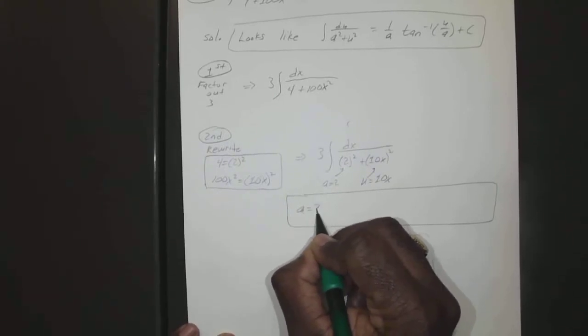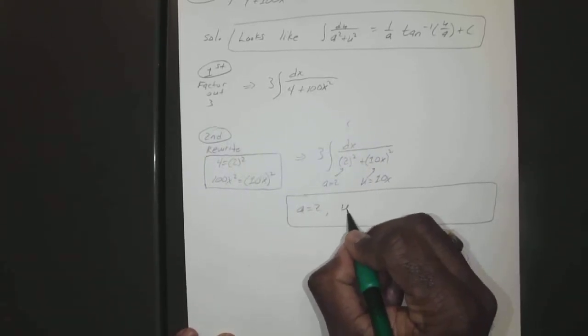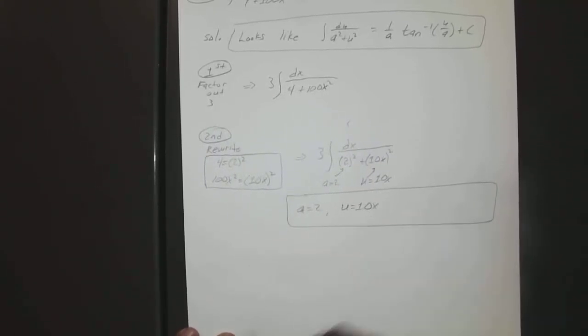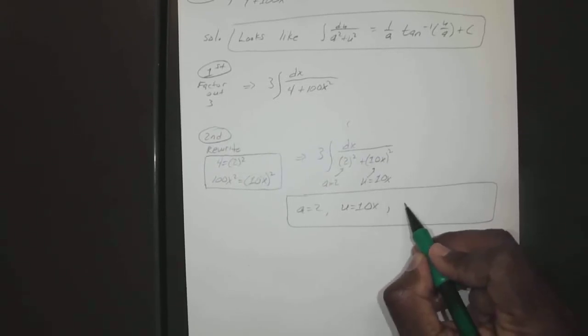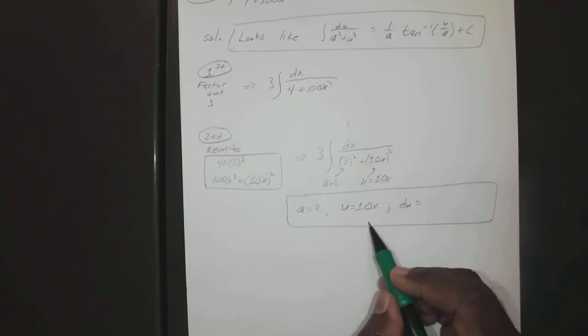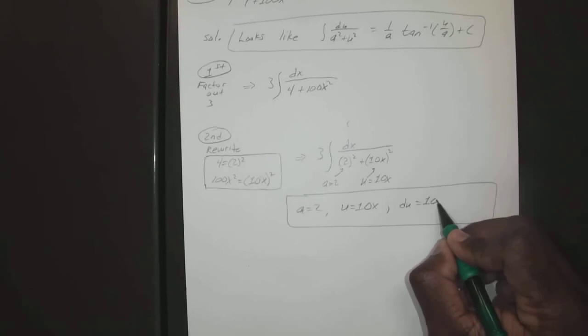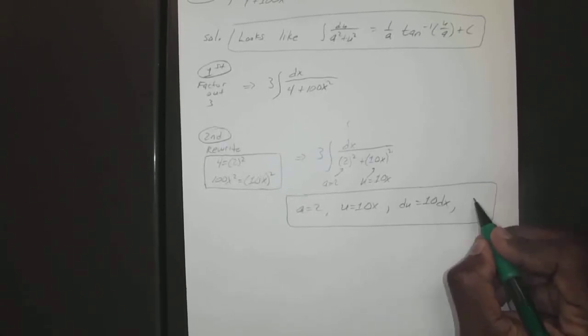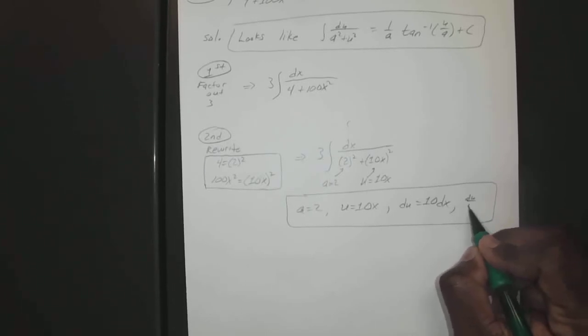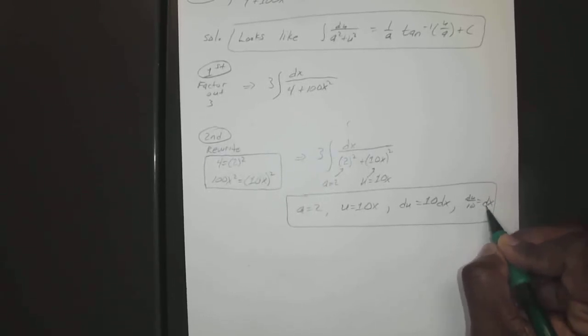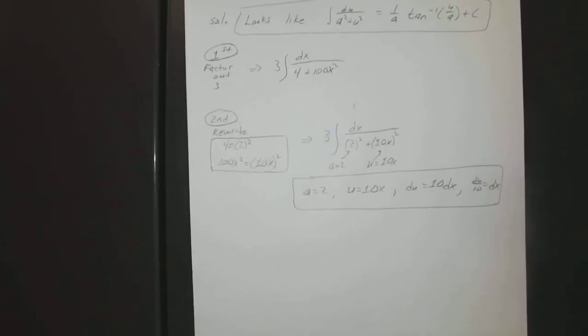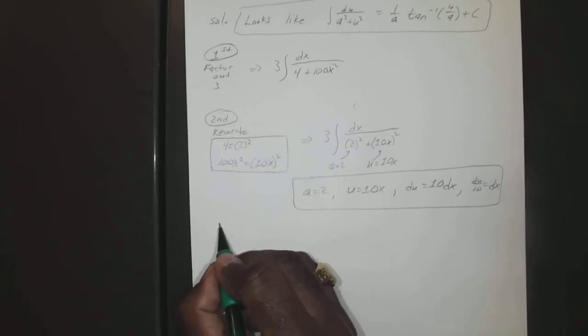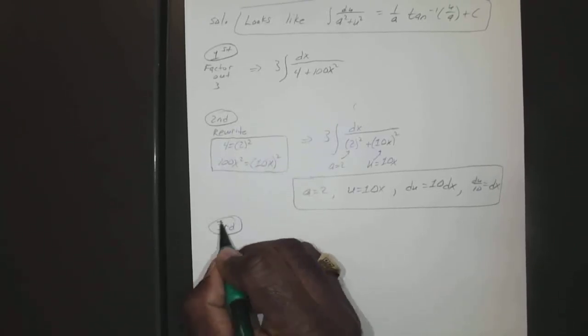All right, so we know that a is equal to 2, and our u is equal to 10x, which means our du is going to equal 10 dx. Divide both sides by 10, du over 10 equals dx. Our third step is just replace and integrate.